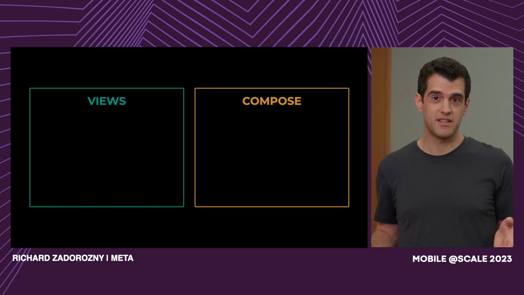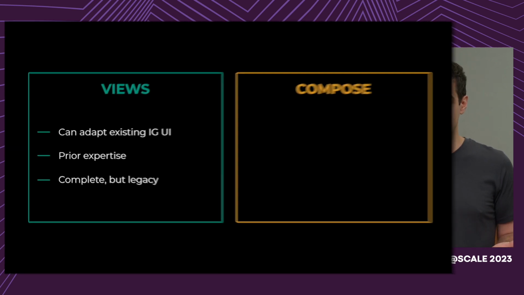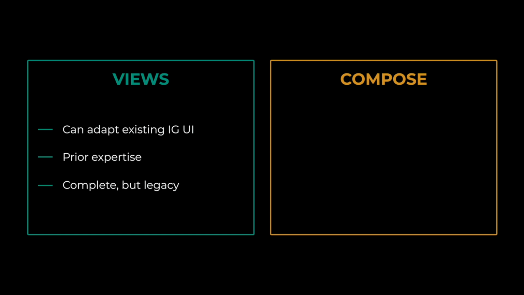So we had to make a decision, what would be our best option? With views, because Instagram is built with views, we could adapt our existing Instagram UI for Threads. And all of our engineers have prior expertise in views. We also know that views are a complete framework, but it is kind of legacy now. Google has said that all new components would be built in Compose, but not necessarily in views.